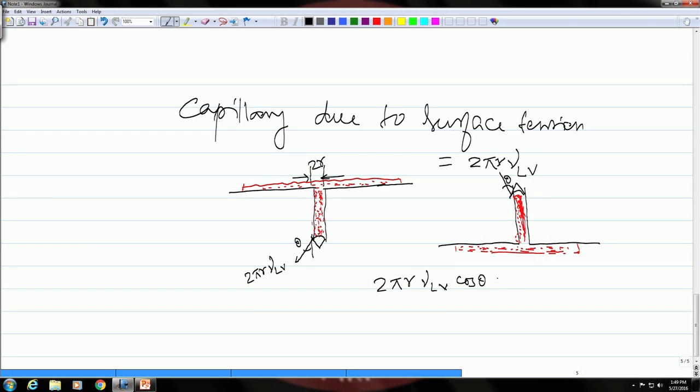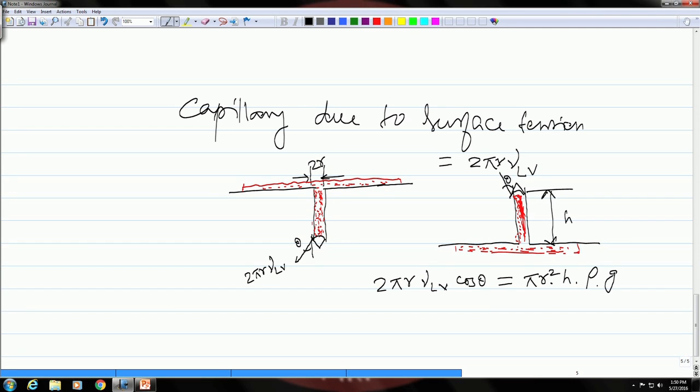So, the weight of the liquid, given the crack radius r, and let us say this depth is h, is this volume multiplied by the density, multiplied by the gravity g.